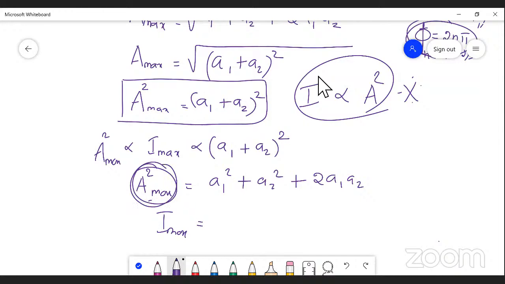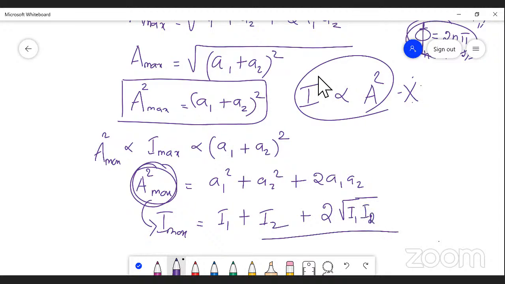A1 square is I1, the intensity of the first wave, plus A2 square, the amplitude of the second wave, which is proportional to intensity. That's why we take I1, I2 plus 2, where A1 is root I1 and A2 is root I2. So this is the intensity of the maximum condition.